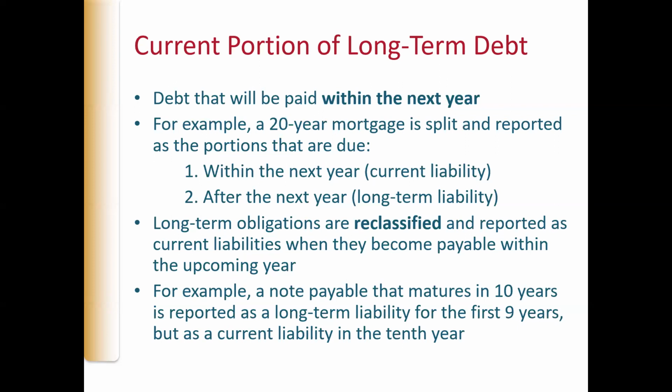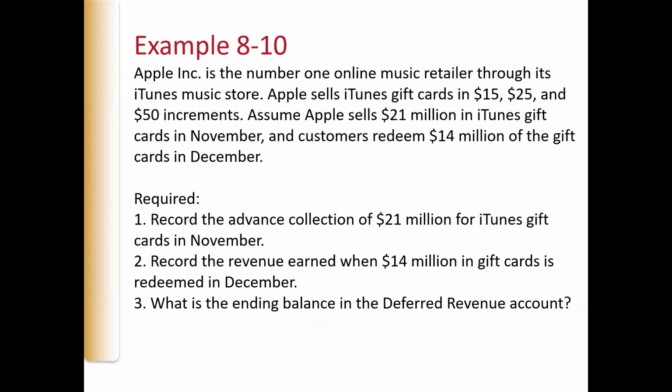So Apple is the number one online music retailer through its iTunes music store, and it sells gift cards in $15, $25, and $50 increments. Assume Apple sells 21 million in iTunes gift cards in November, and customers redeem 14 million of the gift cards in December.